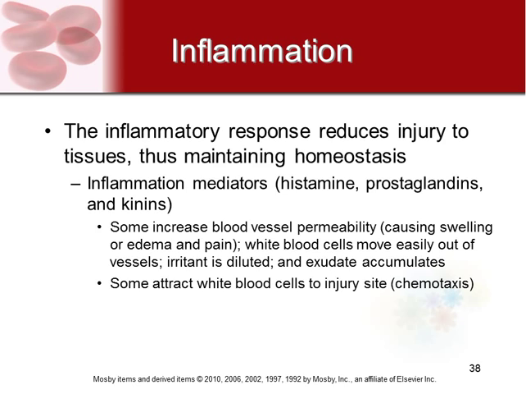And then some actually attract the white blood cells themselves because it wants to attract those white blood cells as well as increase the blood flow to the area in general. And the whole purpose, like we said, is to maintain homeostasis because we want to deal with whatever is causing the injury or the trauma or the infection so that you can come back to your normal state.